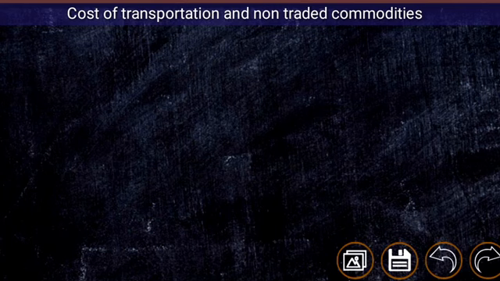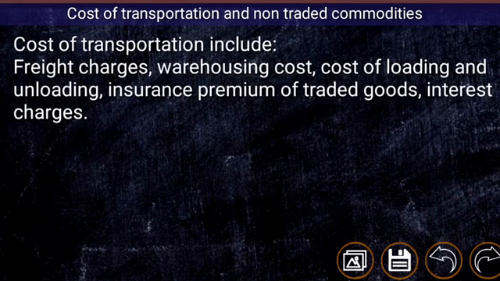Before we enter into the details of the theory, first of all we have to define which costs come under the transportation cost. In our analysis, cost of transportation includes freight charges, warehousing cost, cost of loading and unloading, insurance premium for traded goods, interest charges, etc. Generally, all these costs come under transportation cost.